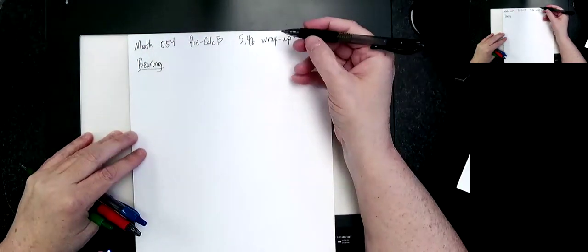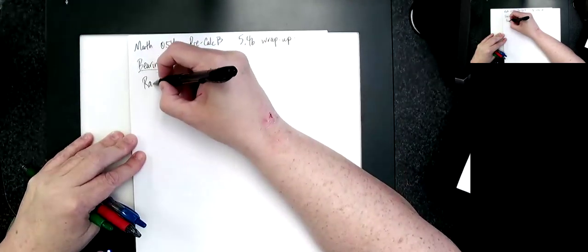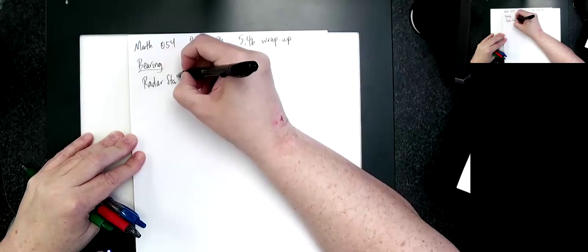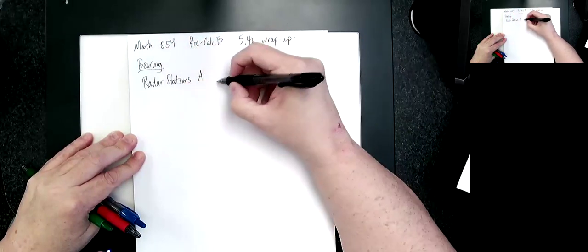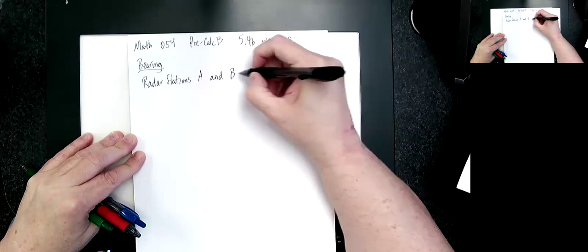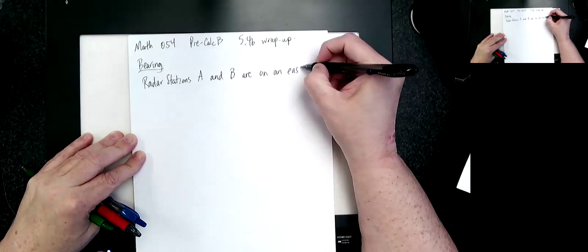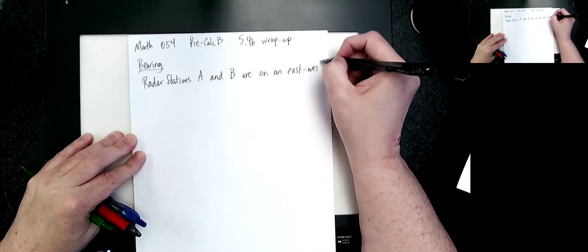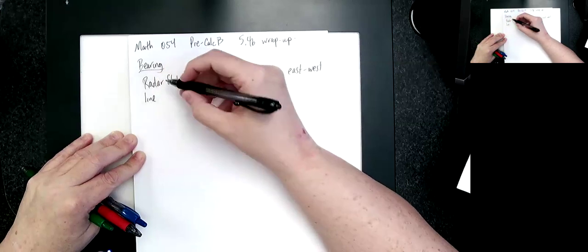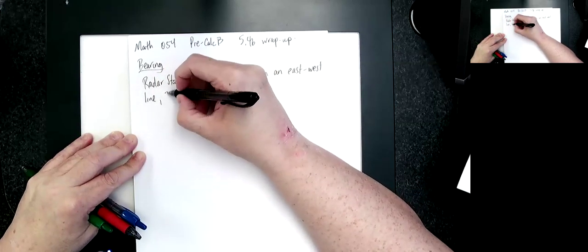So let's say we have radar stations A and B on an east-west line, 3.7 kilometers apart.